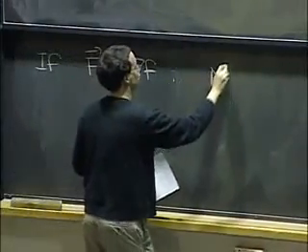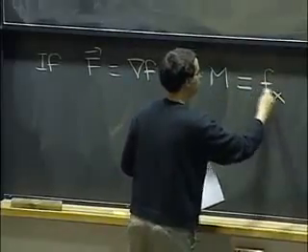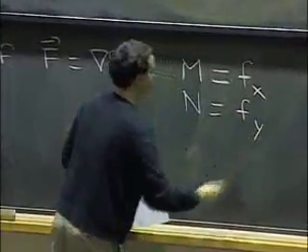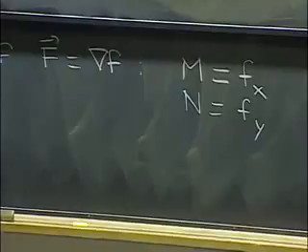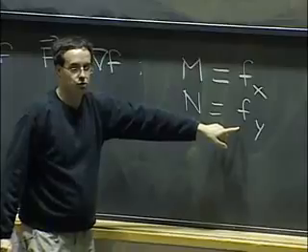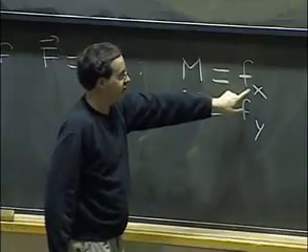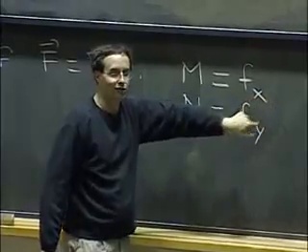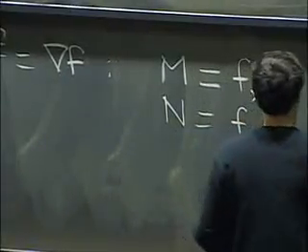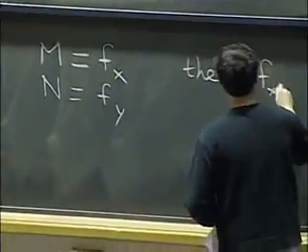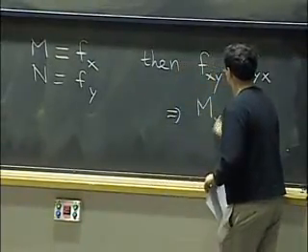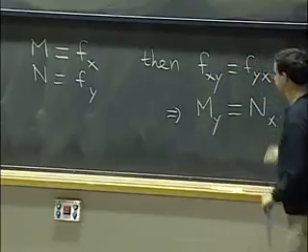That means the first component of the field is the partial of f with respect to x, and the second component is the partial of f with respect to y. Now we have seen an interesting property of the second partial derivatives of a function: if you take the partial derivative first with respect to x, then with respect to y, or first with respect to y, then with respect to x, you get the same thing. So we know f sub xy equals f sub yx, and that means M sub y equals N sub x.